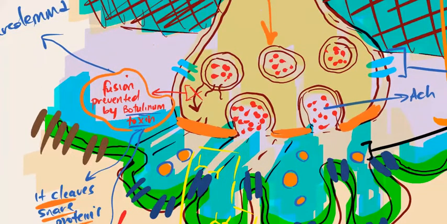Technically the opposite of botulism is tetanus toxin. Basically, what that does is it inhibits the Renshaw neurons, which are the ones producing the GABA and the glycine, and those are inhibitory signals.